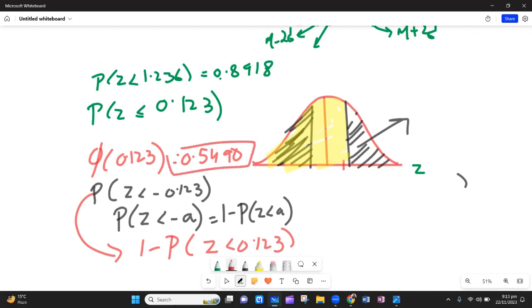This was it. So now we're going to do 1 minus 0.5490, which gives, let me find it out, 0.45.